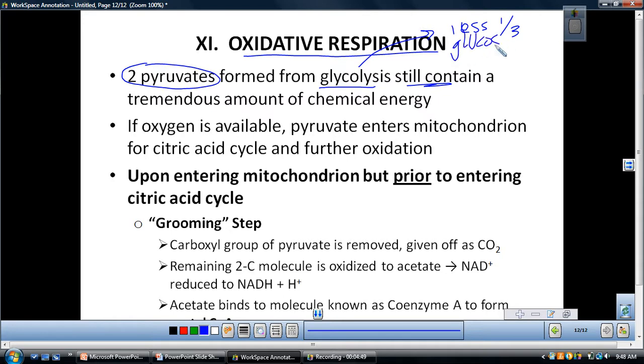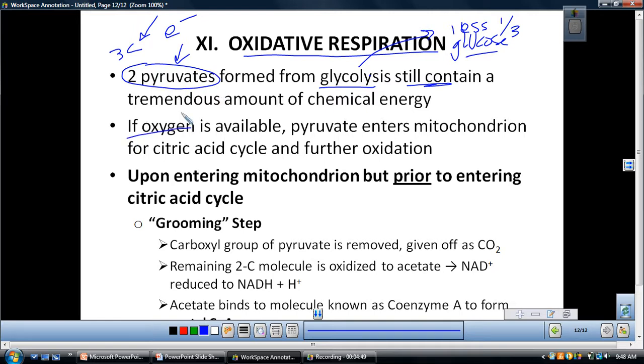Less than a third is tapped into and oxidized during glycolysis. So we have a ton more chemical energy still in the bonds of these 3-carbon pyruvates, or pyruvic acids, that we must continue to oxidize to release the electrons so we can tap into that for our bang for our buck to get the most ATP.